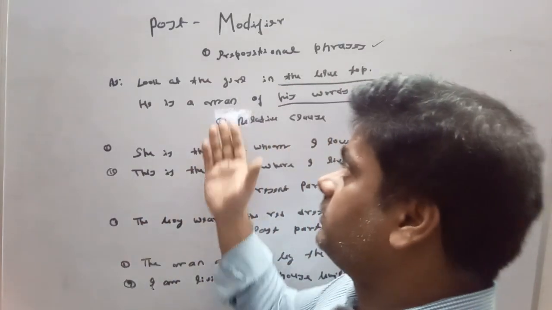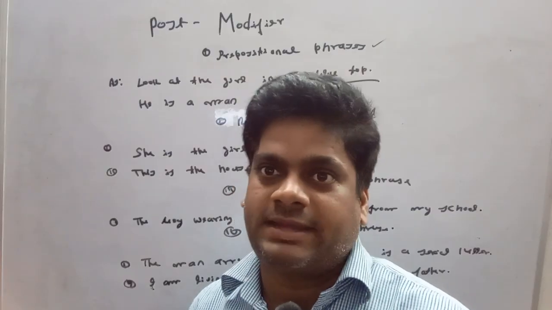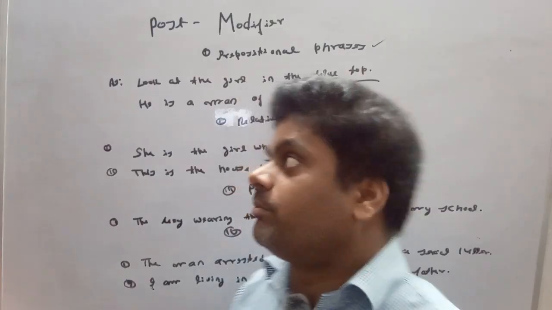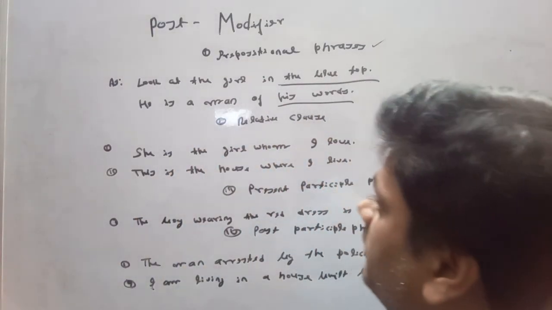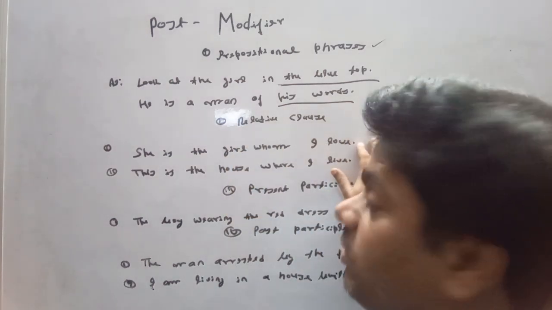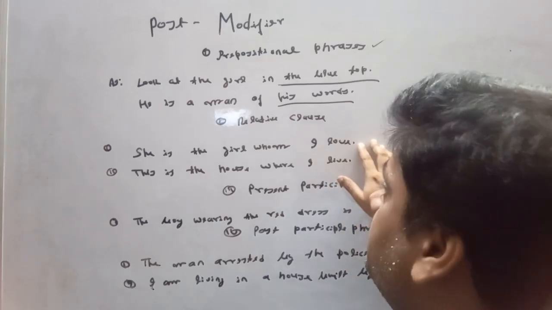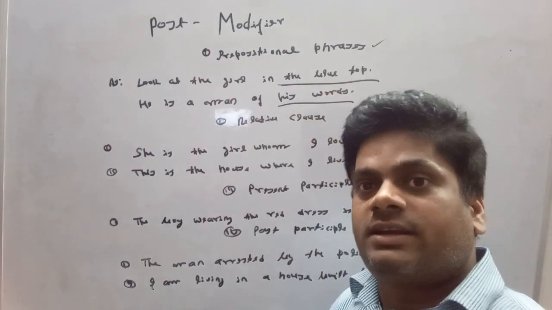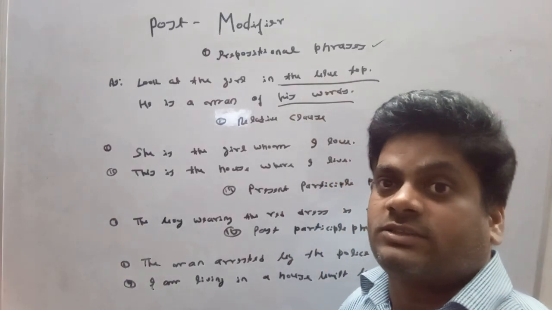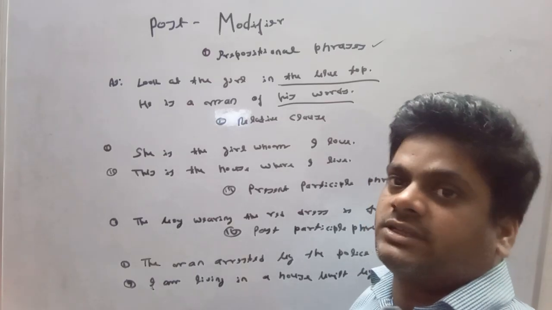In phrases, there may be a subject or predicate, but both cannot exist in a phrase. A relative clause is a clause, not a phrase.